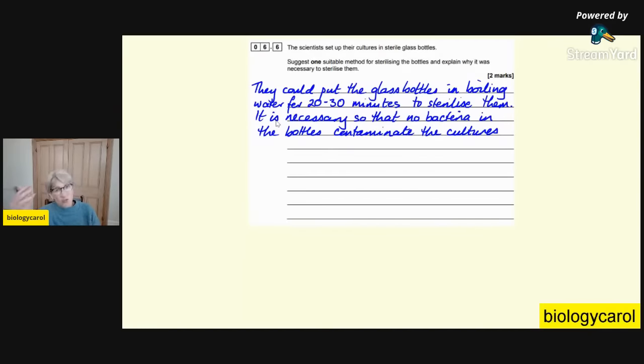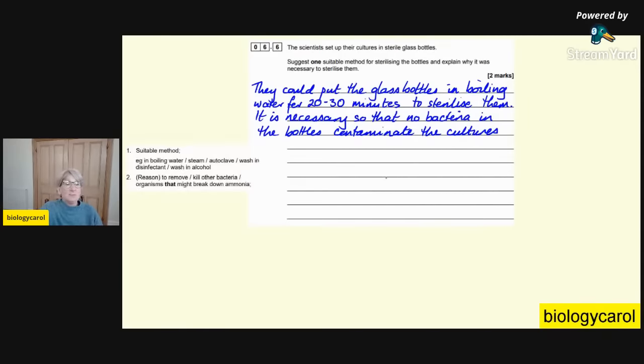And I know that just writing avoiding contamination hardly ever gets you a mark. So my rule of thumb is to always say where the contamination will have come from and where it would have gone to. So hence, no bacteria in the bottles could contaminate the cultures.